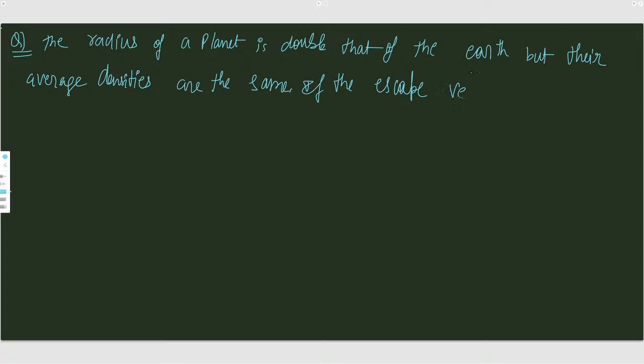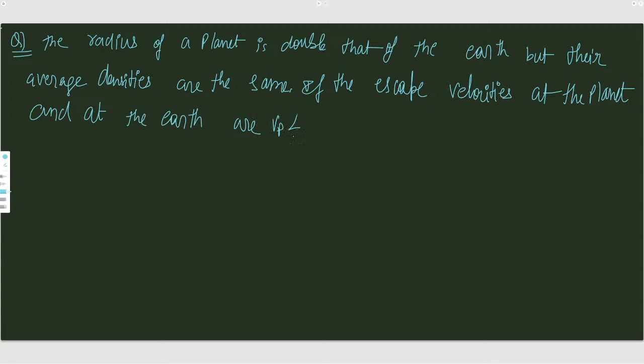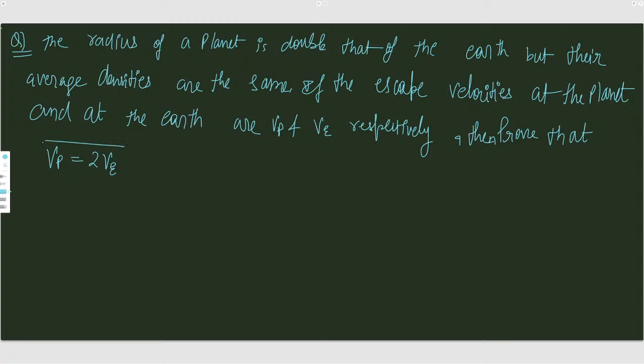If the escape velocities at the planet and at the Earth are Vp and Ve respectively, then prove that Vp is equal to 2 times Ve. Try to do this question.